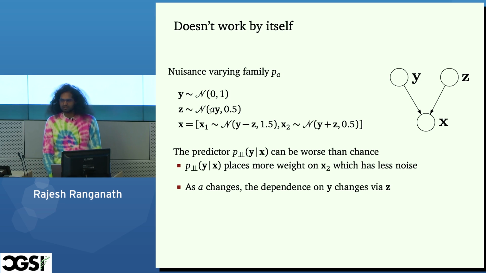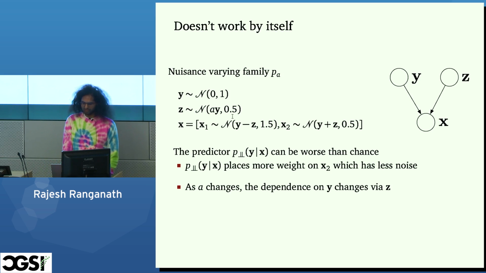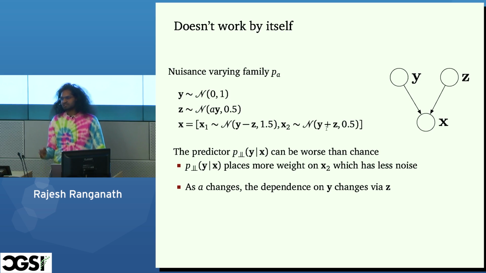To get some intuition, you can try to look at what the two features are here. The two features are x1 and x2. One is y minus z, one is y plus z. If z is independent, you basically have that it's just pure noise. The second feature has a little bit less noise than the first feature, and so if you want to build a good predictor, you want to put more weight on the thing that has less noise.